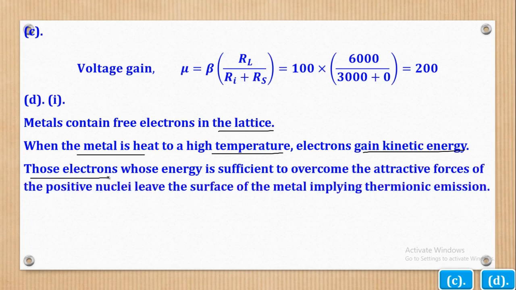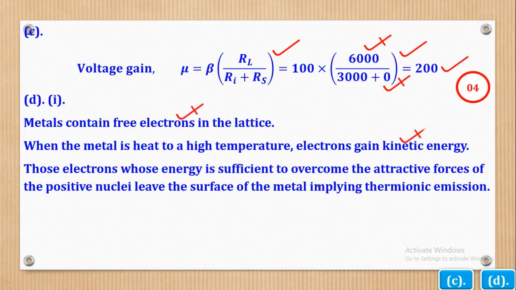Those electrons whose energy is sufficient to overcome the attractive forces of the positive nuclei leave the surface of the metal, implying thermionic emission. So that is how marks would be awarded.